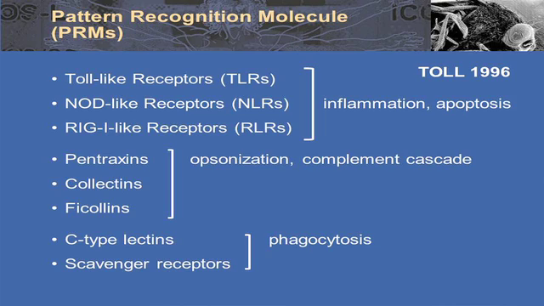Soluble receptors, pentraxins, such as CRP, which we use all the time, collectins and ficolins, these immune-based collagens, and then a variety of other receptors stuck on cells. So you're getting the picture that the innate immune system is well poised. It has multiple weapons to identify foreignness and to be able to tell us whether it's dangerous or not.